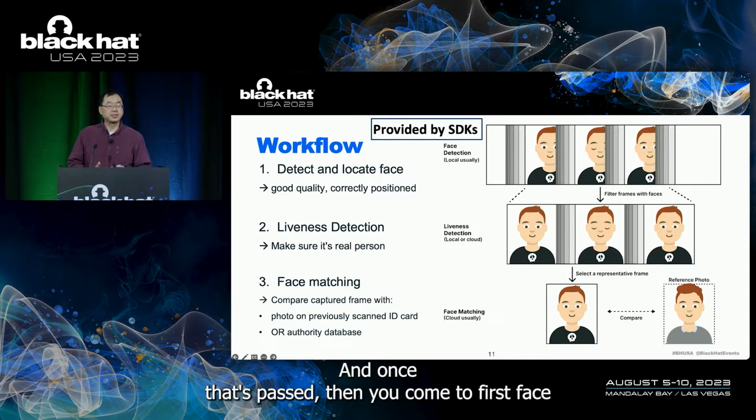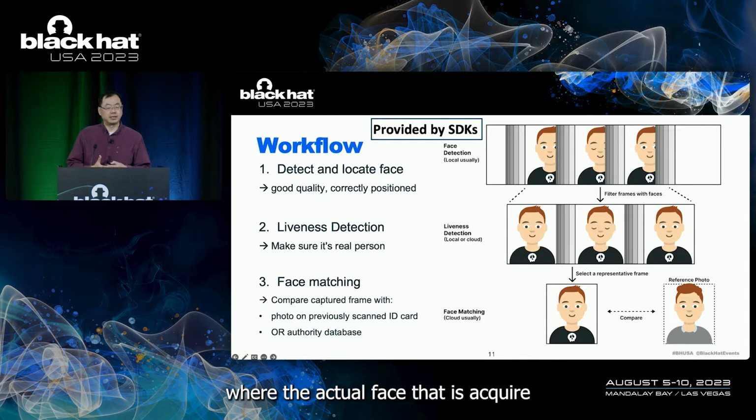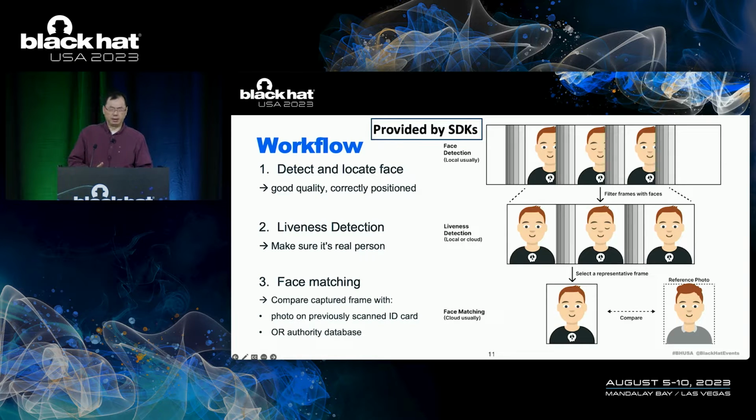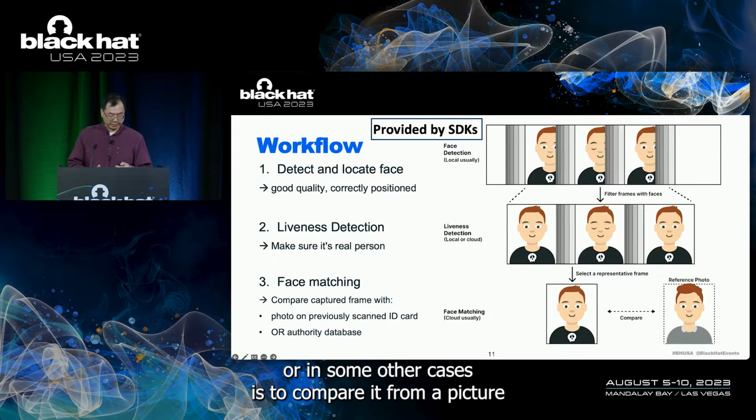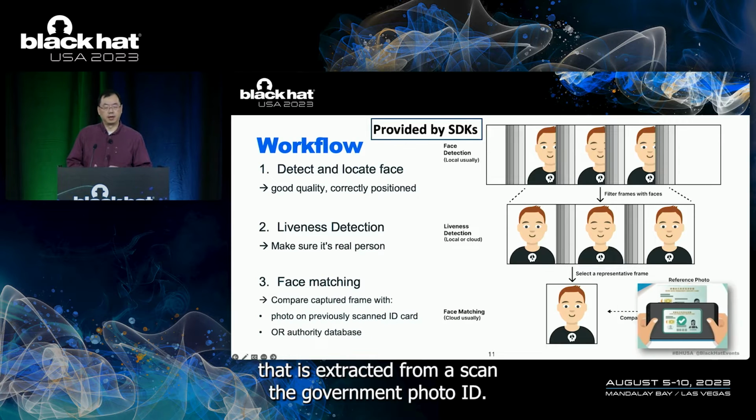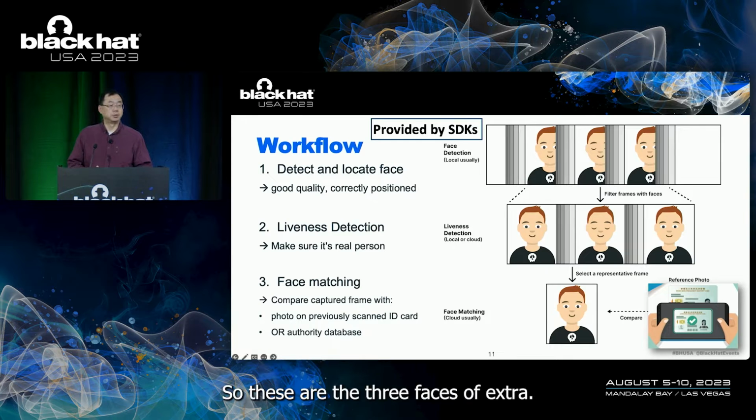Once that's passed, it comes to the third phase, where the actual face that is acquired will be sent to compare with either an authority picture from an authorized database, such as a government database, or in some other cases a picture that is extracted from a scanned government photo ID. So these are the three phases of action.